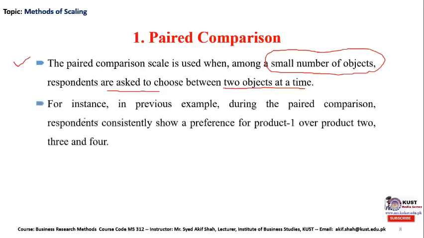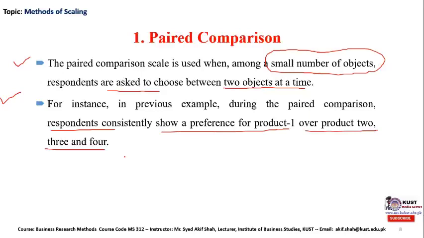So for instance, in the previous example, we can make pairs to see whether respondents consistently show a preference for product 1 over the rest of the products, like over products 2, 3 and 4. So we can make three paired comparisons: product 1 in comparison to 2, product 1 in comparison to product 3, and then product 1 in comparison to product 4.